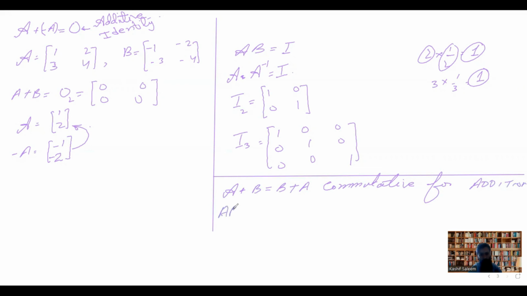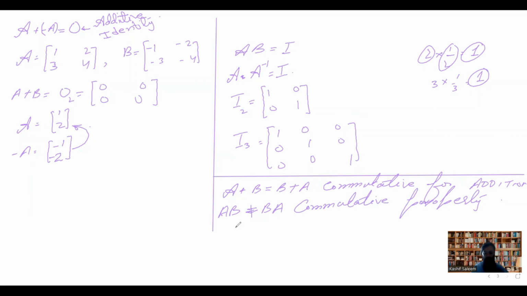Now, if you multiply A by B and B by A, this may not be the same. In general, they are not equal. So the commutative property does not hold for matrices. In general, there are some matrices that follow this property, but most matrices do not follow it. That's why they form a non-abelian group.